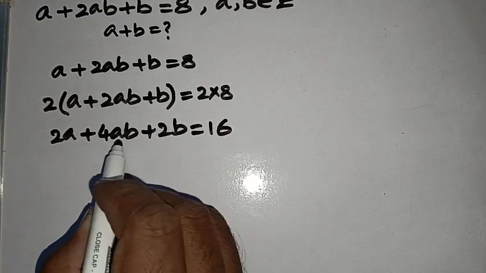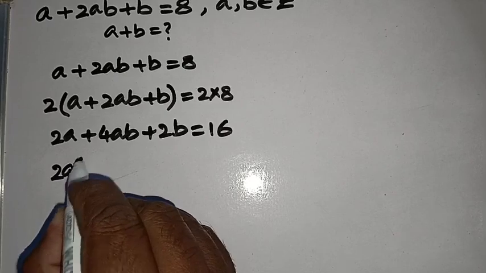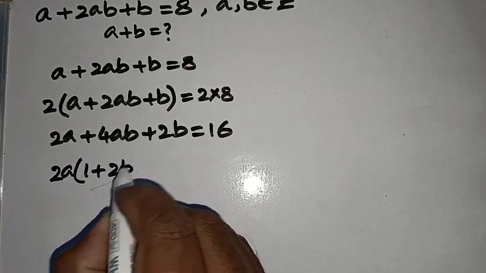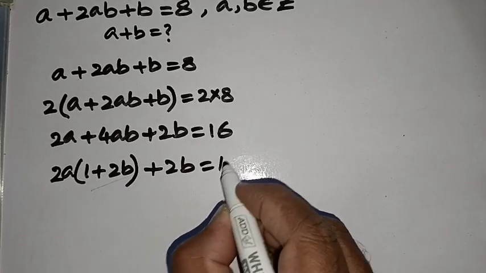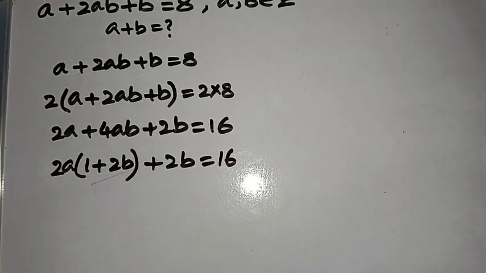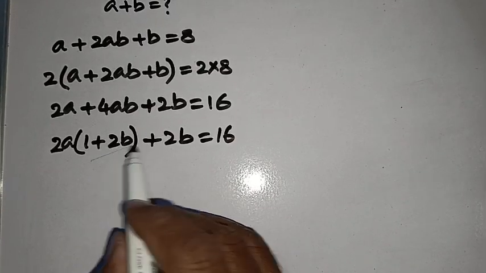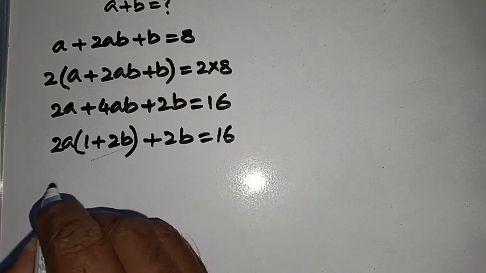In these two, 2a is a common factor. So we can write 2a(1 + 2b) + 2b = 16. So I want one more (1 + 2b) as a common factor. So for this I add 1 on both sides.